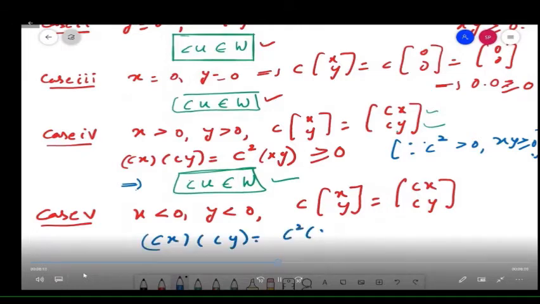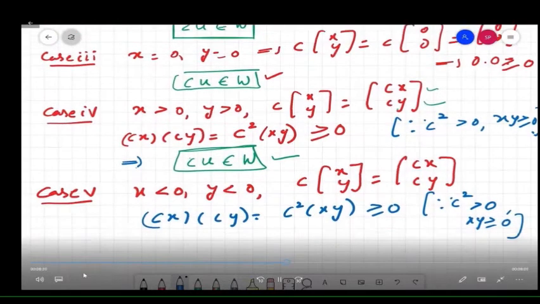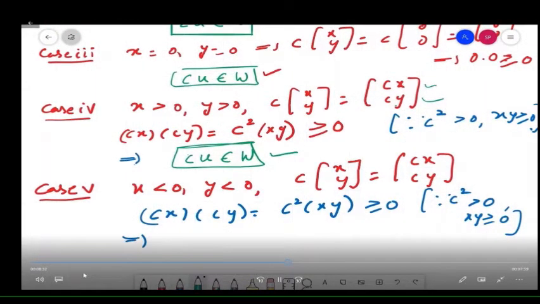Here also it is c square into xy. This will be also greater than or equal to 0. For the same reason as explained in case 4, c square greater than 0 and product xy is greater than or equal to 0. Therefore, c square into xy greater than or equal to 0. Hence, in this case also, the product Cu belong to W.